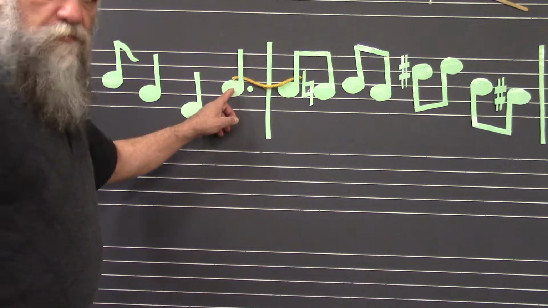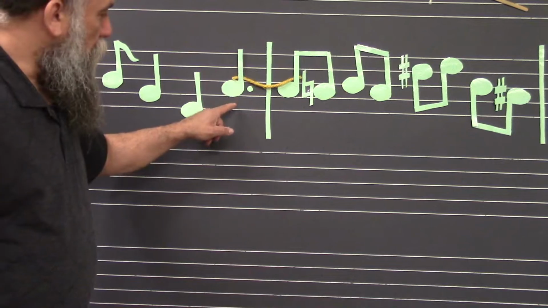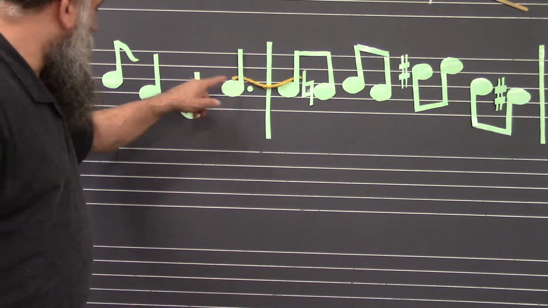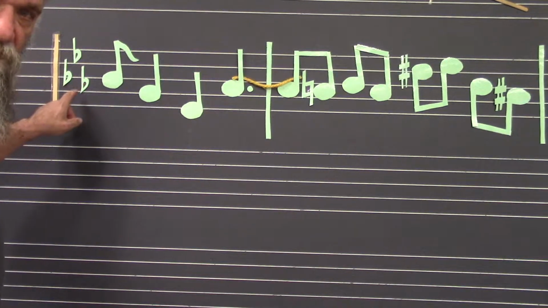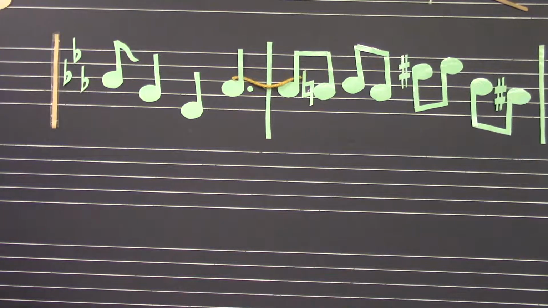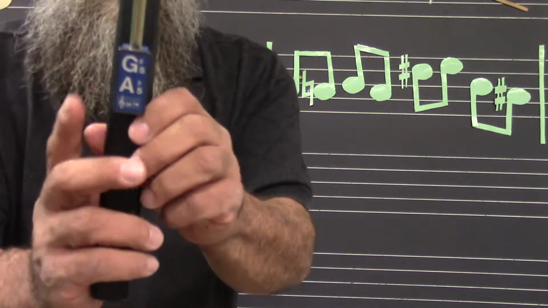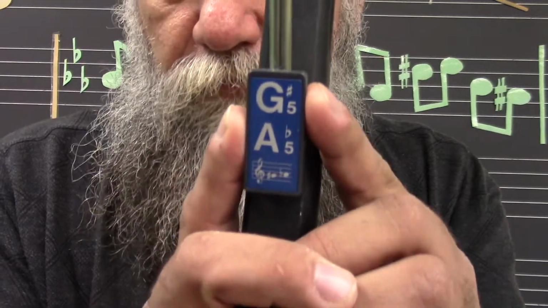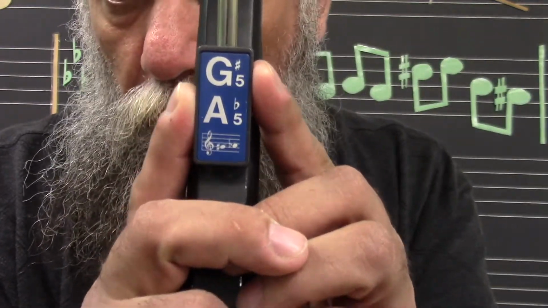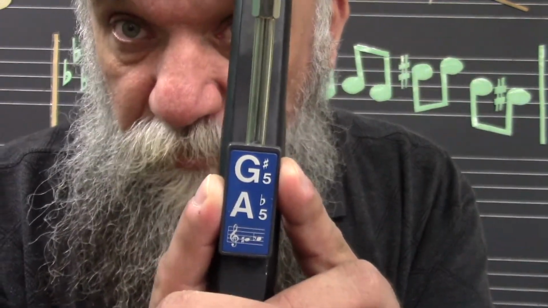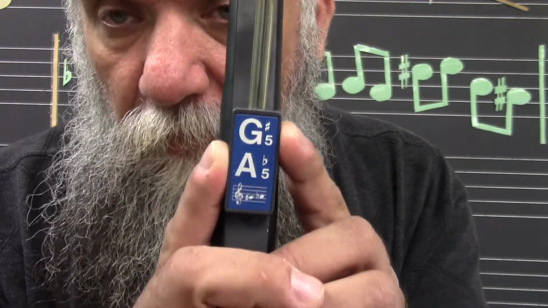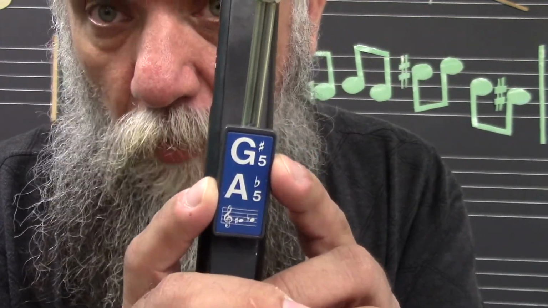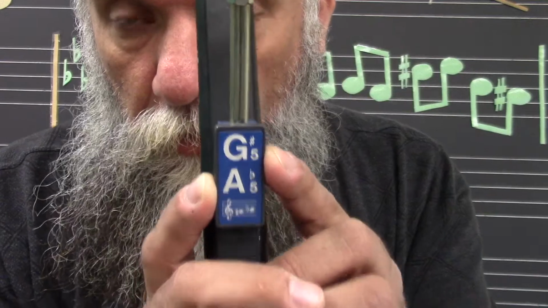What letter is this? F-A-C-E. A flat, because of the key signature. And the A flat looks like this. Remember, A flat and G sharp are enharmonics. So you're going to see a G and an A on the same bell. Be aware of that. A G sharp and A flat are the same pitch.